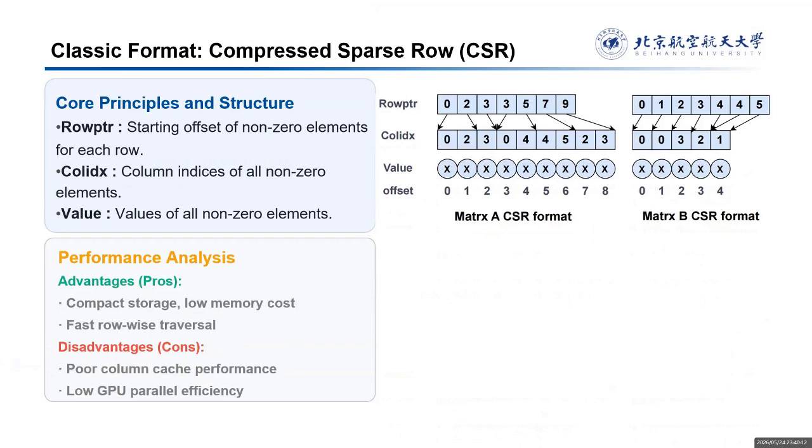However, CSR is not ideal for GPU SpGEMM. During multiplication, the access to matrix B is often irregular. Different rows also have different amounts of work. This causes low GPU efficiency. More importantly, CSR is a one-dimensional row-based format. It does not naturally match the two-dimensional dense blocks required by tensor cores.